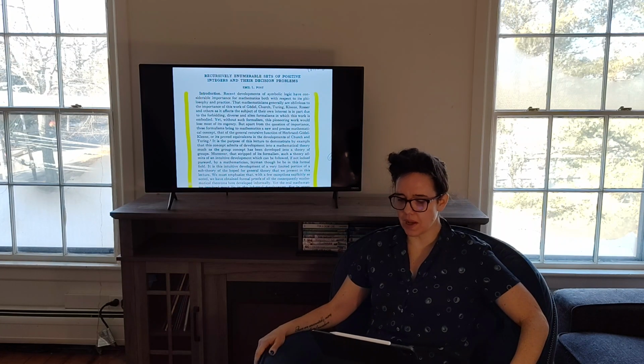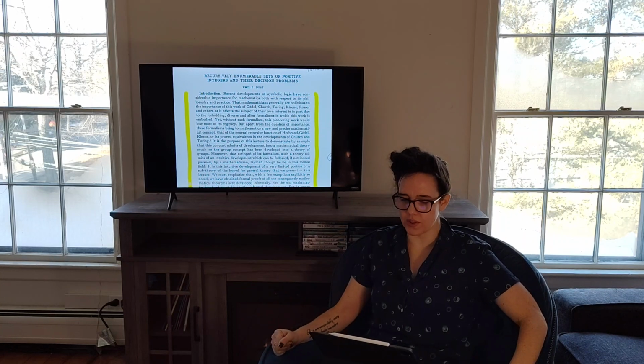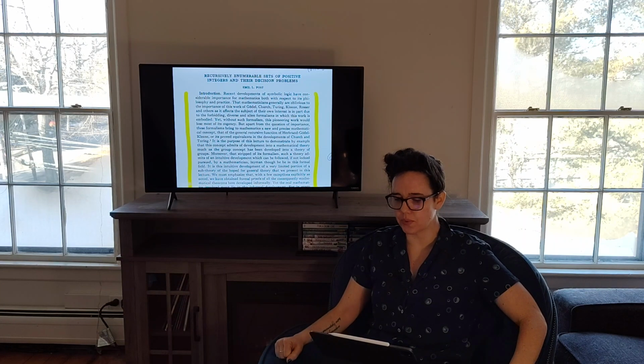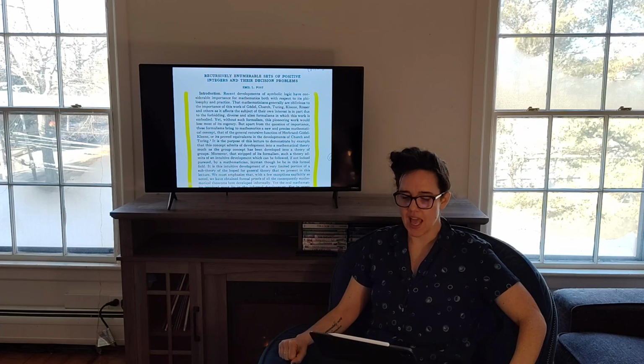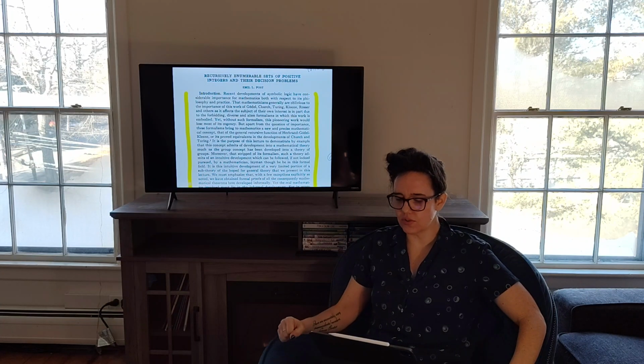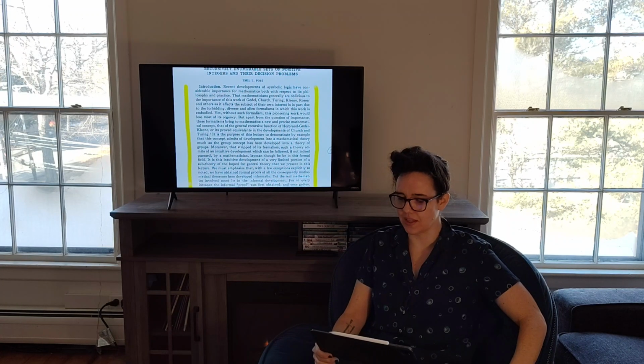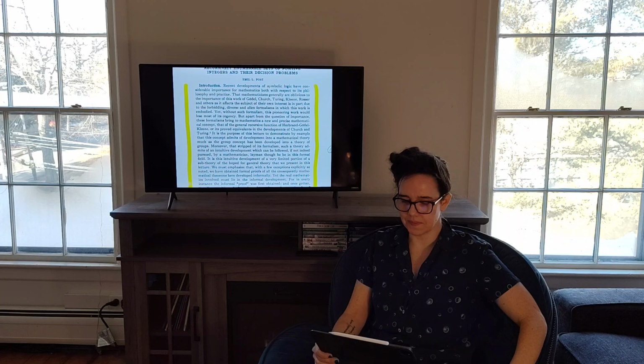Recent developments of symbolic logic have a considerable importance for mathematics, both with respect to its philosophy and practice. That mathematicians generally are oblivious to the importance of this work of Gödel, Church, Turing, Kleene, Rosser, and others, as it affects the subject of their own interest, is in part due to the forbidding, diverse, and alien formalisms in which this work is embodied.